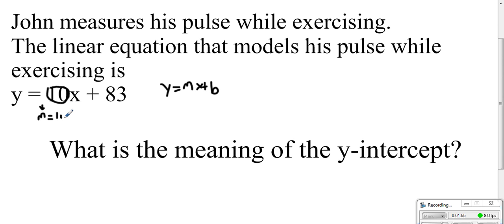So the slope is 10. The b, which is the y-intercept, is the other number. The plus b is plus 83. In this question, it's asking what is the meaning of the y-intercept, not what is the y-intercept, what is the meaning. Remember, the y-intercept is known as the starting point.